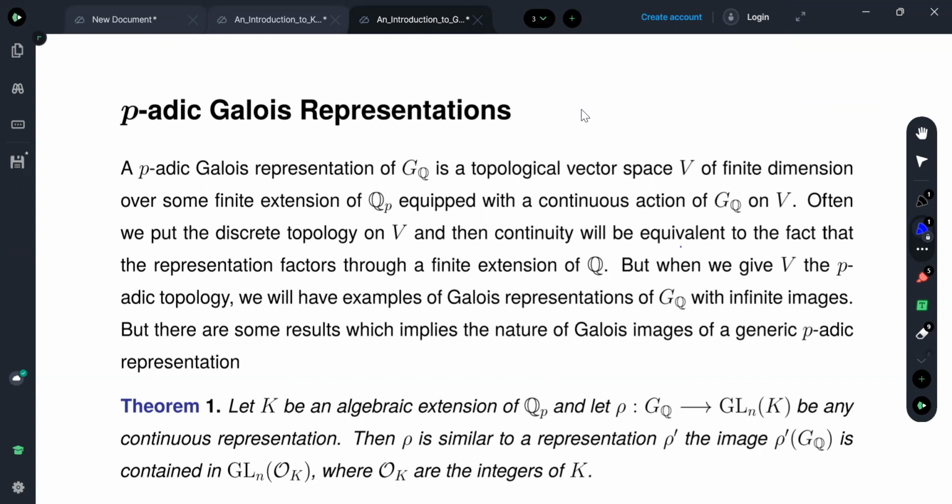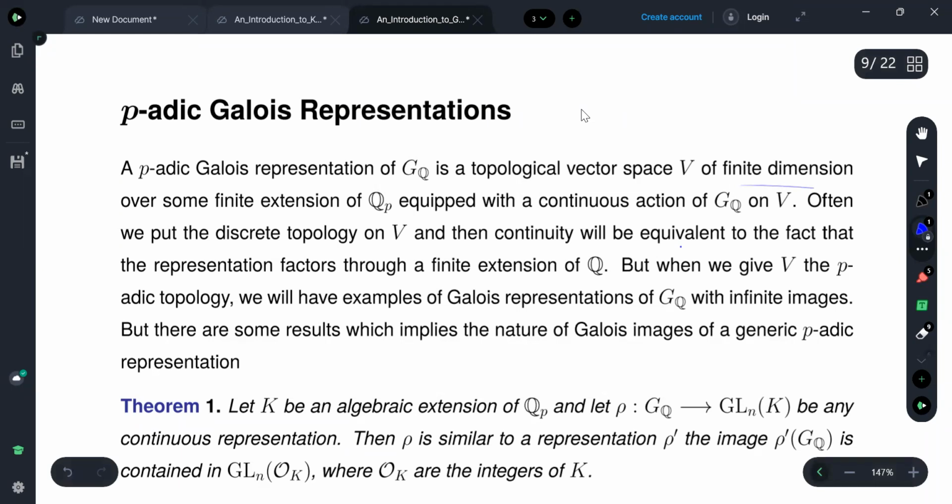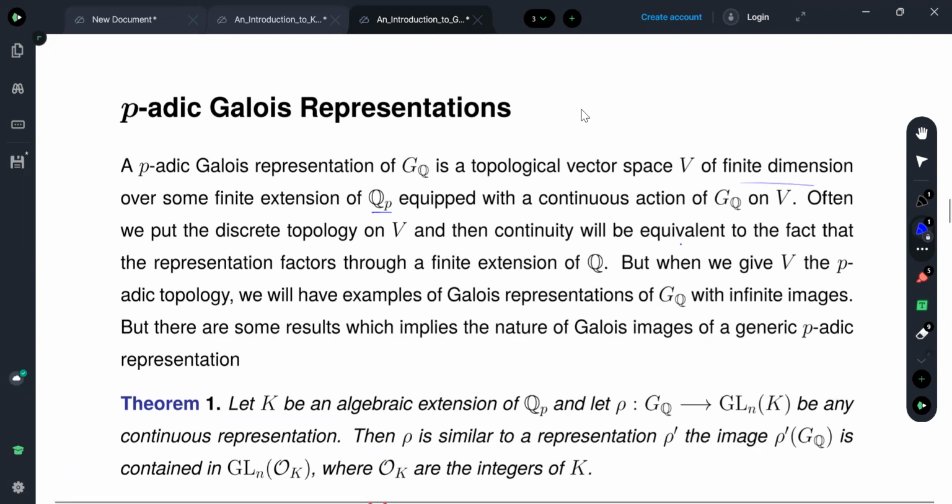Sure. So here V is a finite dimensional Q_p vector space. Q_p is the field of p-adic numbers with the p-adic topology, as I talked about in my earlier presentation.